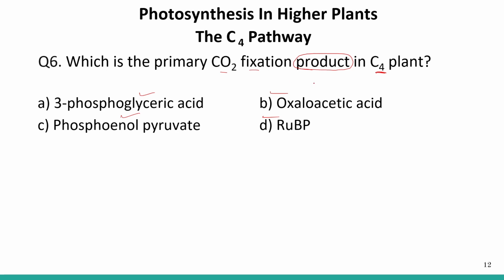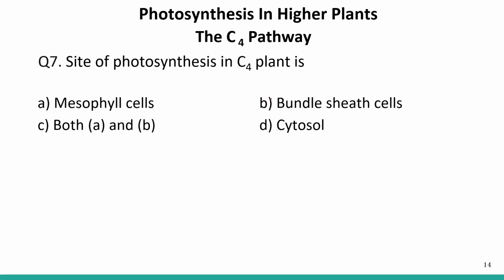So we've already seen the primary product is oxaloacetic acid, which is a 4-carbon compound, the first stable compound or the primary product, the product which is formed first. Okay, so that's why C4 plants have been given the name C4, because the primary product is a 4-carbon compound known as oxaloacetic acid. Okay, so option B is the correct answer.